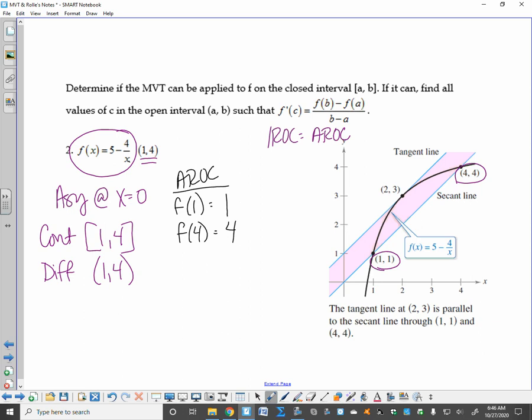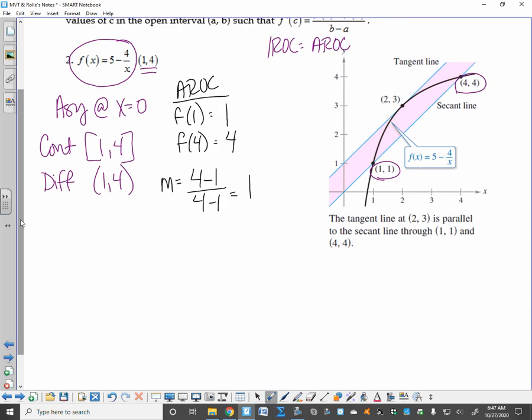So, yes, I agree. So then to find the slope, and I'm going to label it m, I'm going to have correct notation. So I'm going to do 4 minus 1 over 4 minus 1, which gives me 3 over 3, which is 1. So the slope, the average rate of change, is a 1.